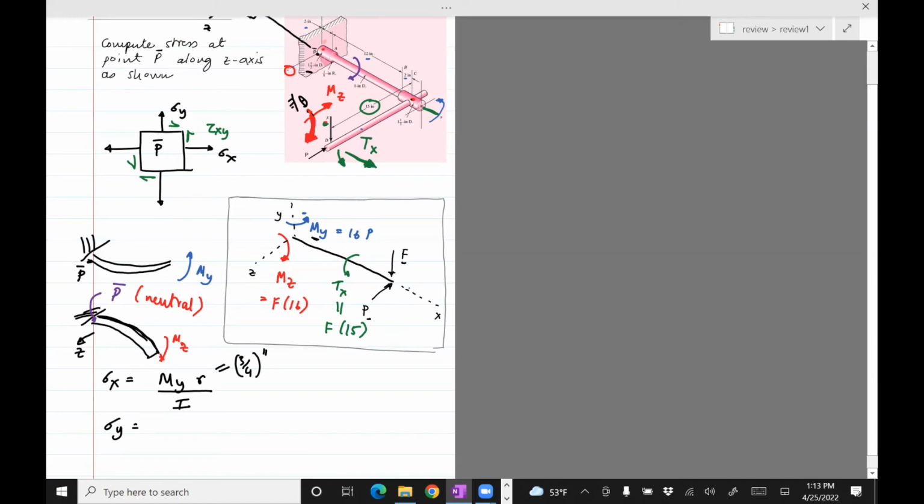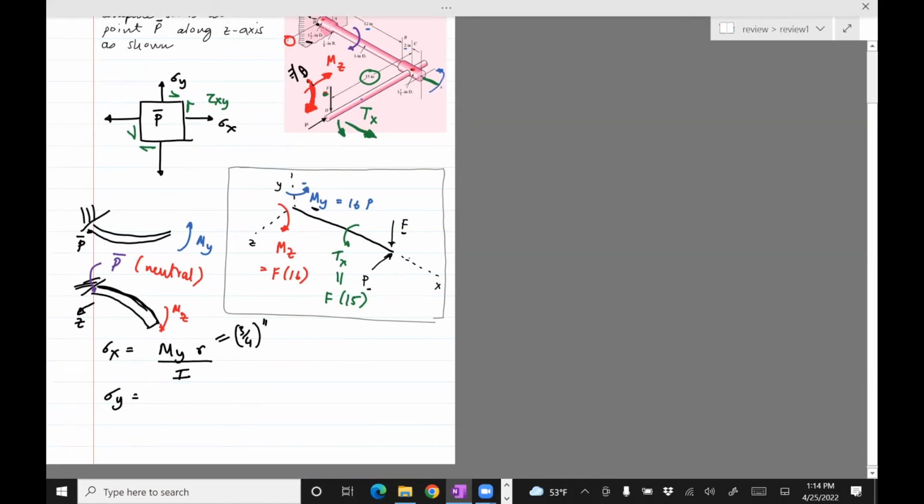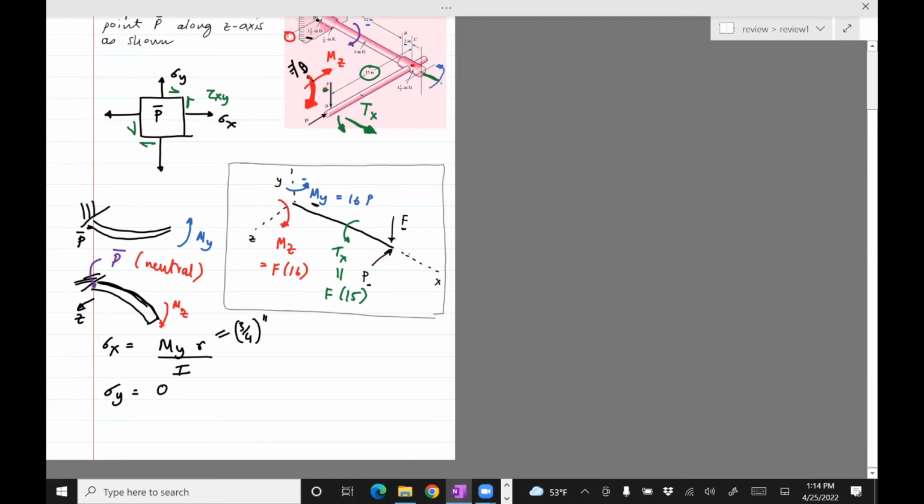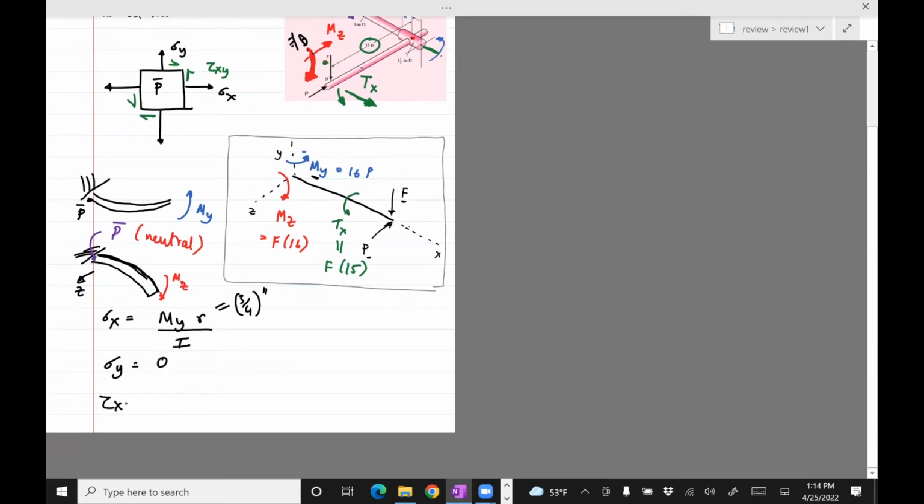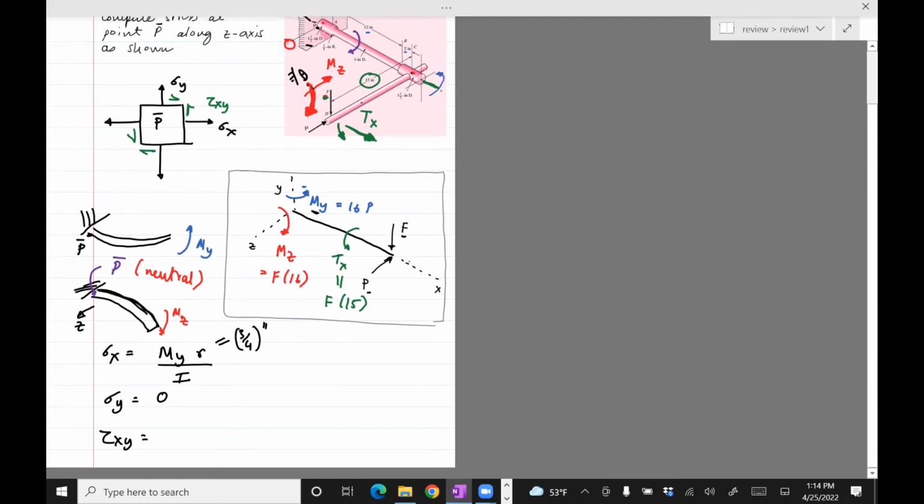F is in the downward direction, but the contribution is almost 0 because F is divided by the cross-section area, which is pretty large. So the contribution is going to be 0. And then the moments don't really give rise to sigma y. That's all 0. And then tau xy, which is a shear stress.